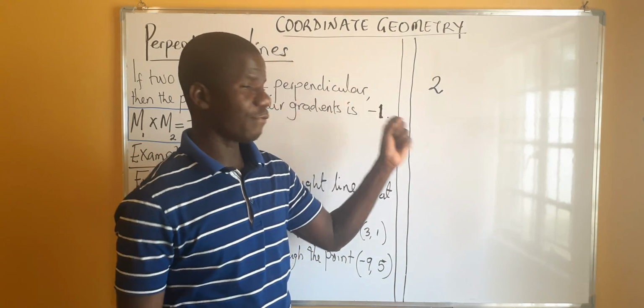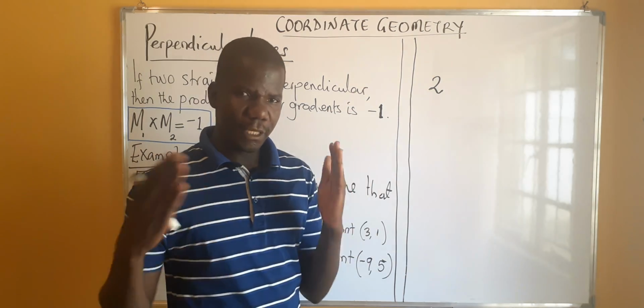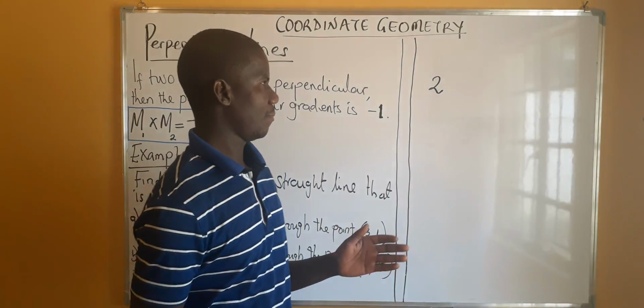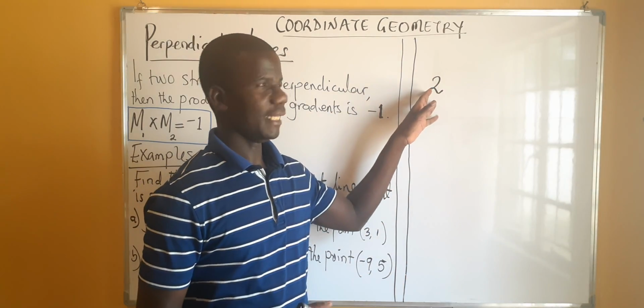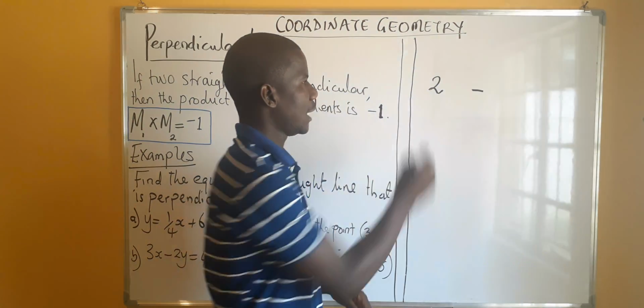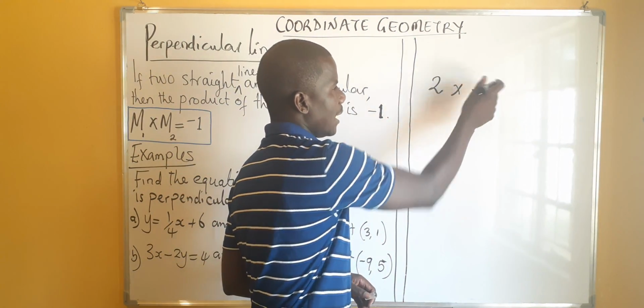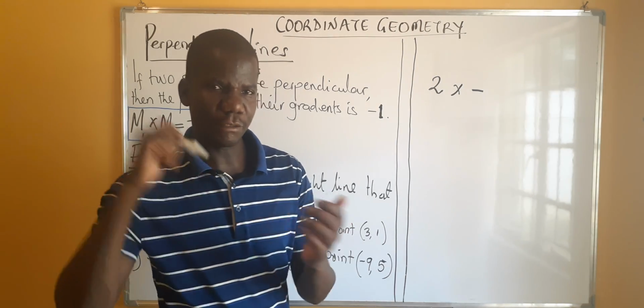One of the two must be negative. So if this is a positive, then definitely the second one should be a negative, so that when we multiply a positive by a negative, we get a negative, because their product is -1.